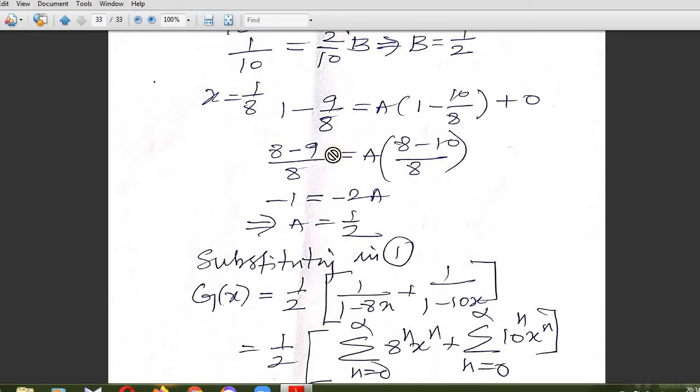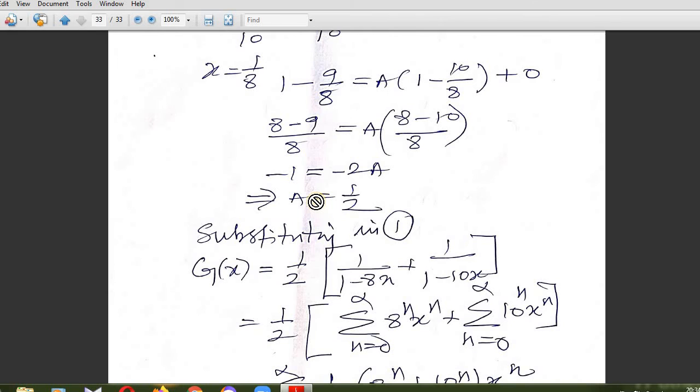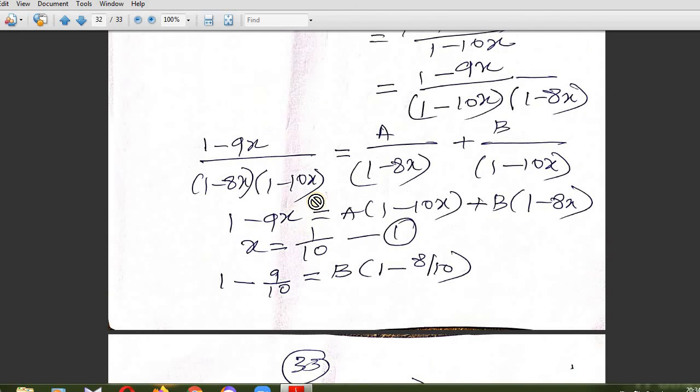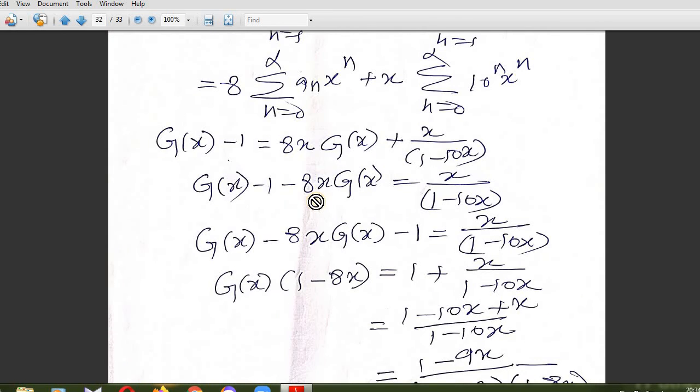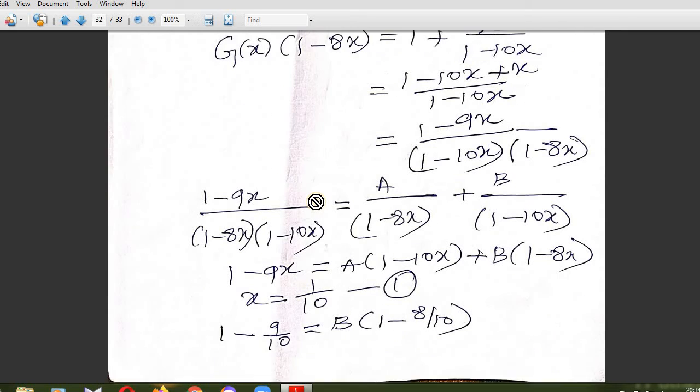So substitute the value of a and b in equation number 1. Where is that equation number 1? Actually it is here. This is equation number 1, not this one, but this is equation number 1.